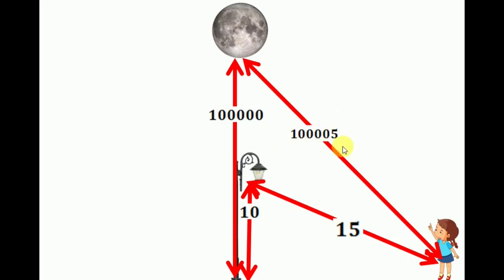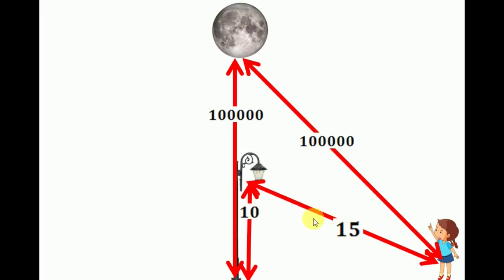Now we already know that when we add a small number to a large number, we can neglect the small number. So this is nearly equal to 1 lakh, because adding a small number like 5 to 1 lakh won't affect the value. So I can write this to be 1 lakh.